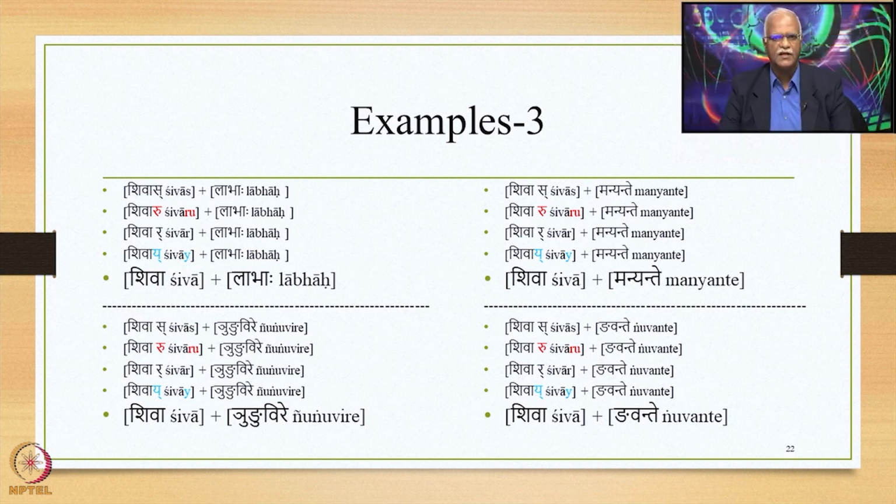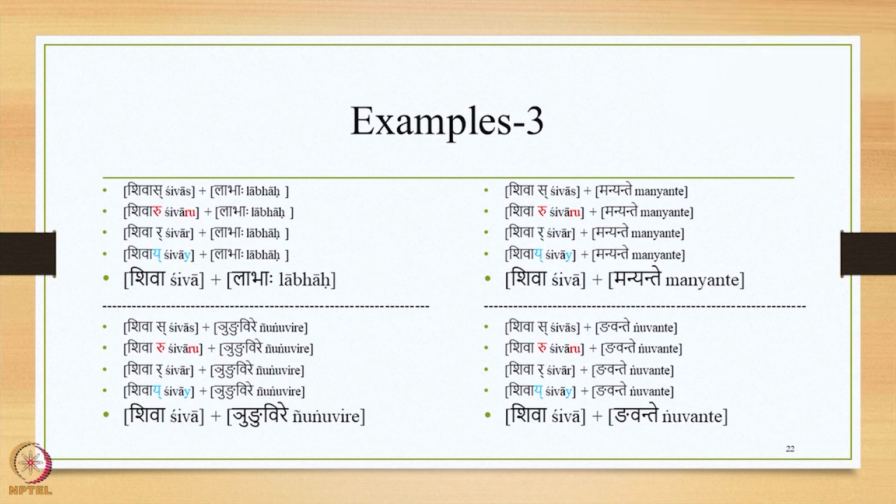Then Shiva plus Manyante. The input is Shivas plus Manyante, and the final output generated is Shiva Manyante, following the same procedure. Similarly, we have Shivas plus Ngavante as input. We apply the same procedure and derive the output in the form of Shiva plus Ngavante.